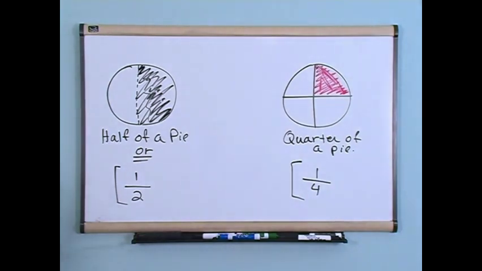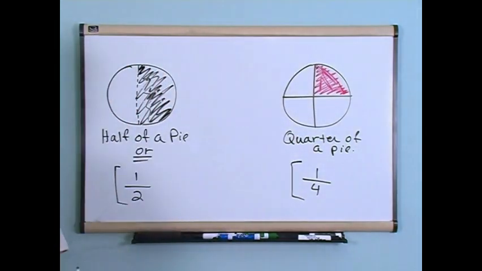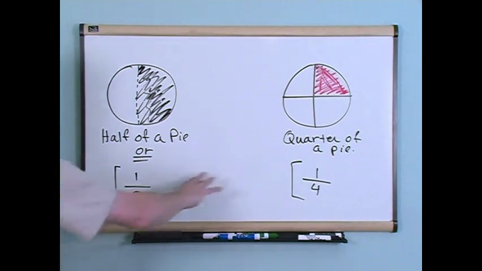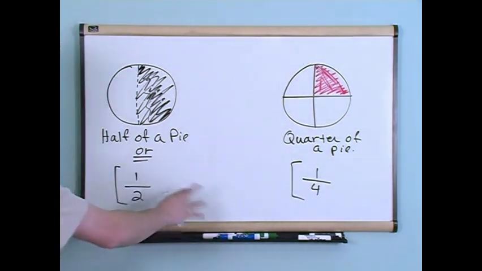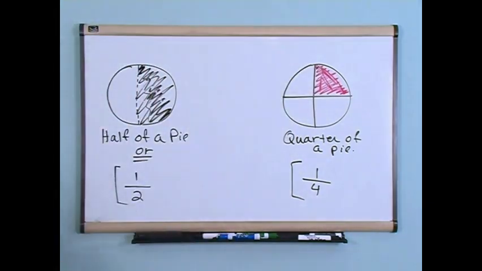Now, obviously, this is more pie than this, right? So this fraction, 1/2, is more than 1/4. Now, it's not so easy to see that here by looking at the numbers, but by looking at the pictures, this is a whole lot more pie than this, okay? All right.